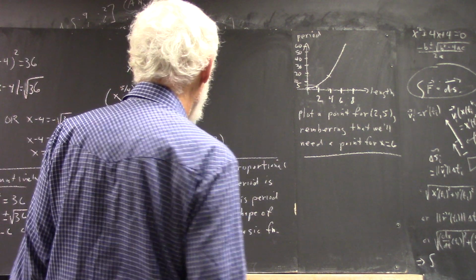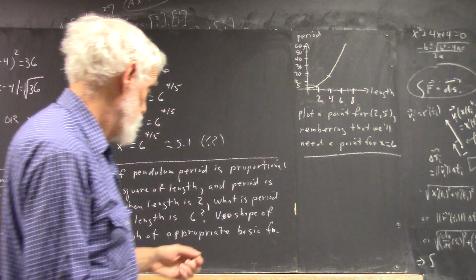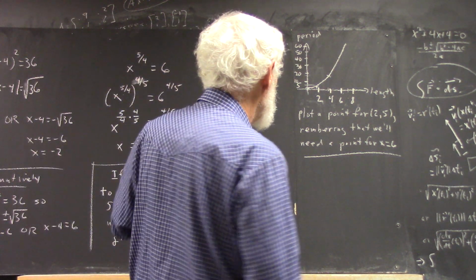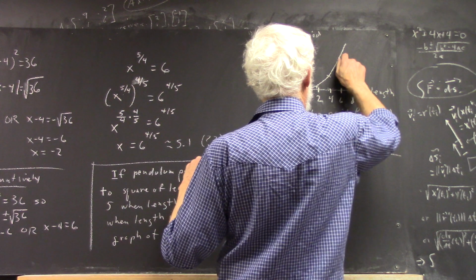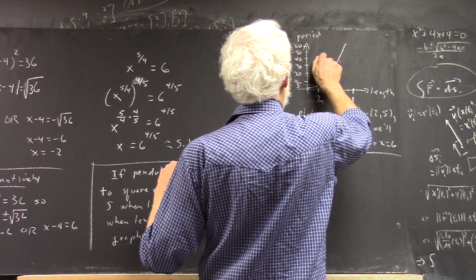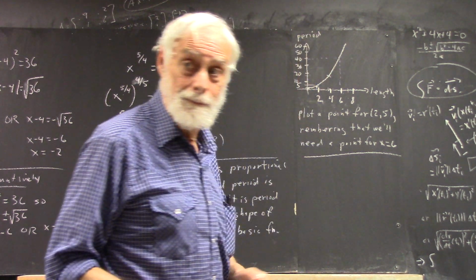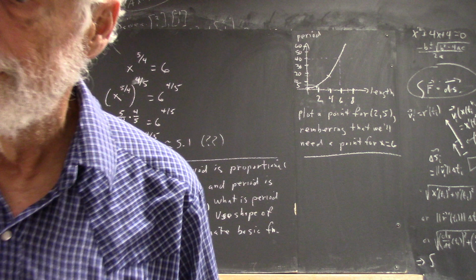Now what do? We want to know the period when the length is 6. How do we do that? Well, here's length 6. We just project up, project over. We see the period might be about 40. Okay?